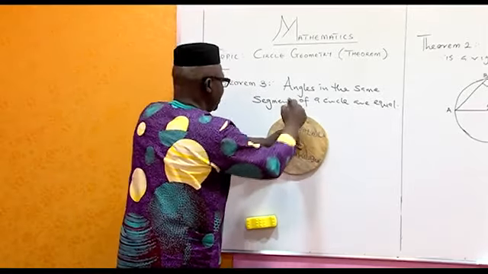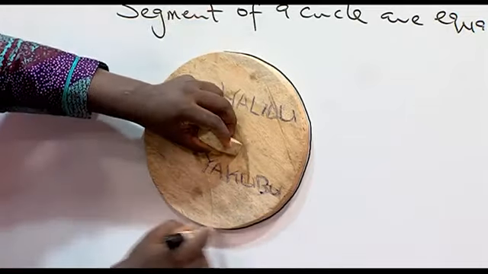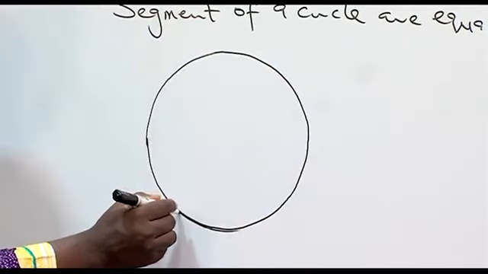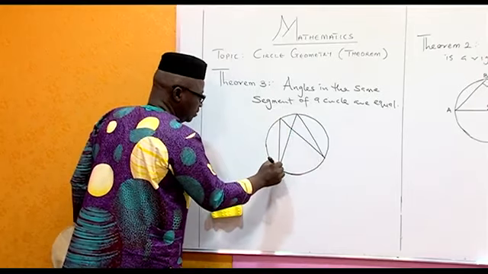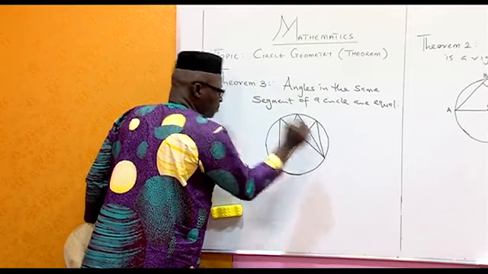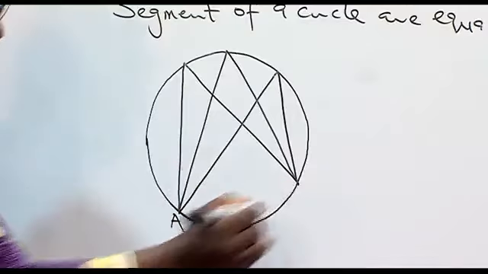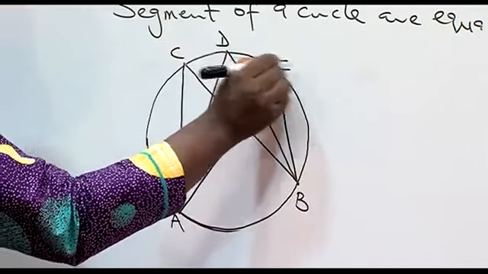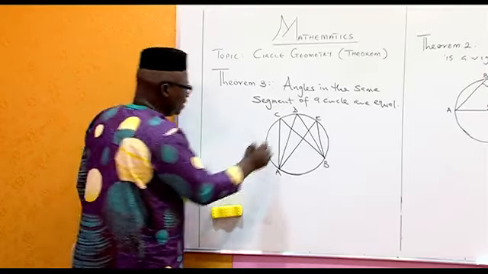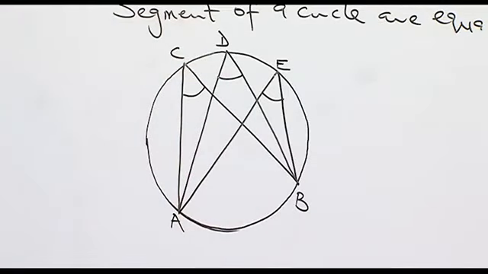If I have a circle like this, and I have lines of these forms, if I call this A, B, C, D, and E, what this theorem is telling us is that if you look at all these angles, the three angles shown, they are all in the same segment.